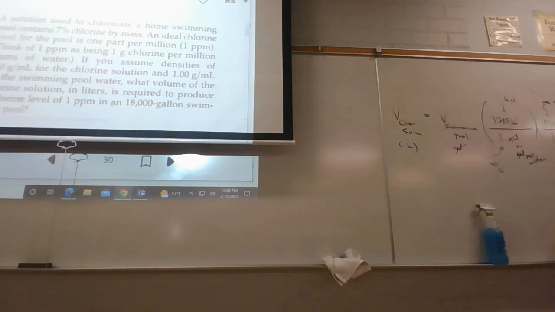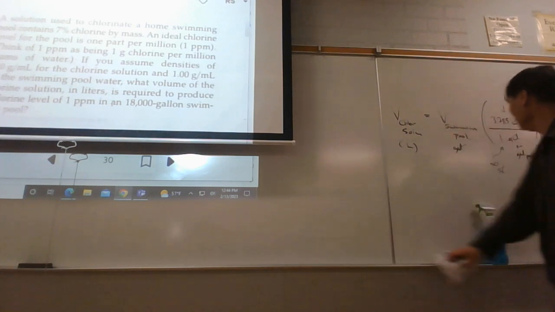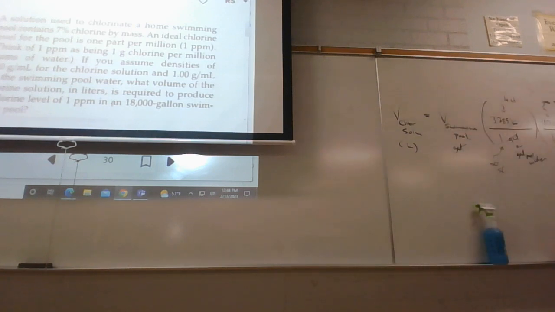Okay, so I don't know exactly where I'm going, but we just keep going until we come to either a dead end or the answer. Here, we don't have too many branches we can go; there aren't that many paths. Either I'm going to get rid of grams and convert it to pounds, milligrams, whatever, or grams of pool water. Do I have something that gets rid of grams of pool water?